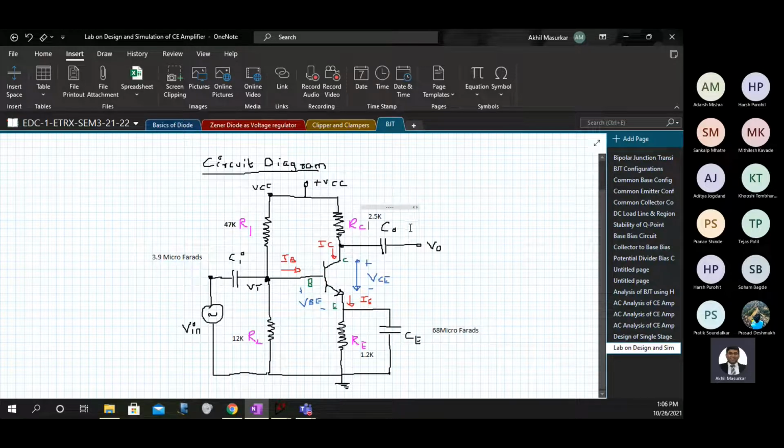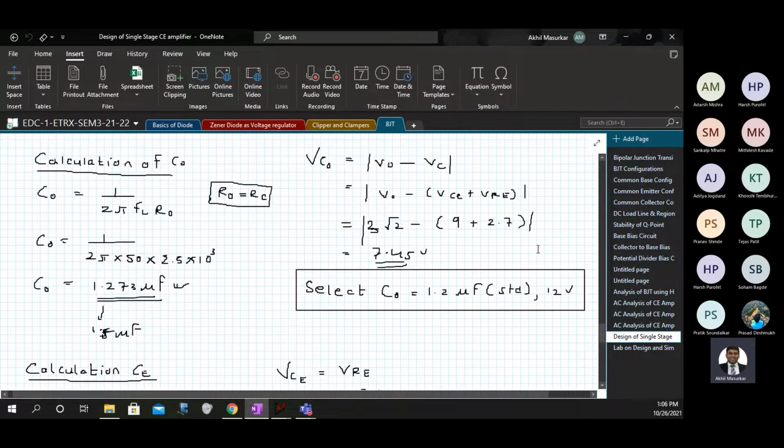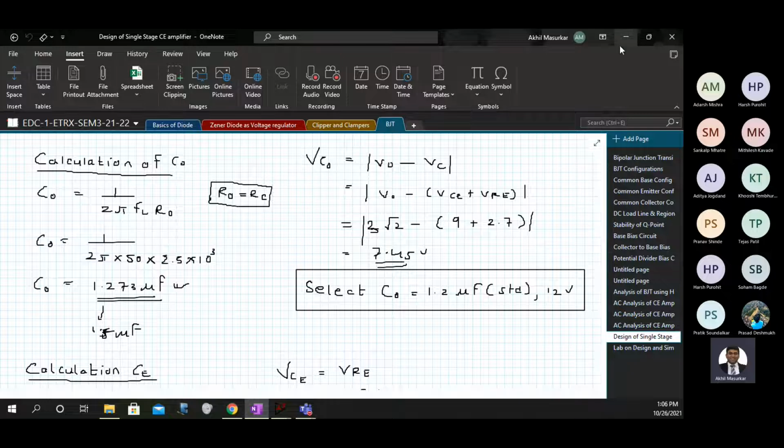And C0, how much was C0? I just forgot the value. It is 1.2 microfarads.